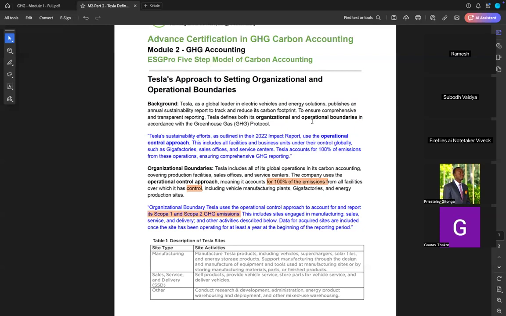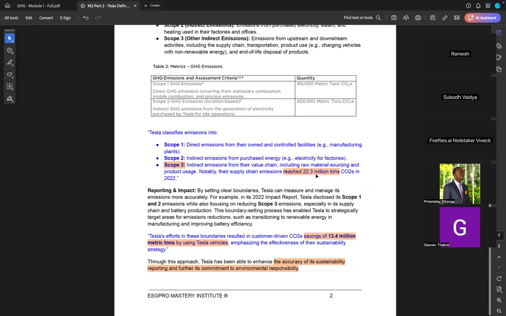If you see that scope 1 is 185,000 metric tons, correct me, that is only 0.185 million tons, and scope 2 is 0.4 million metric tons, but the highest emission is 22.3 million tons.